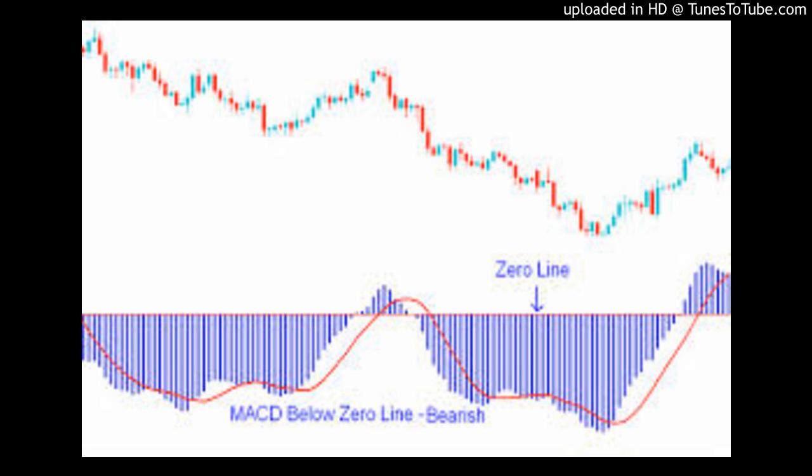A good rule of thumb you might want to work with is that if 2 of the other 3, or 3 of the other 4, however many you're working with, are lining up the same way as the MACD crossover at that C point, you have a pretty strong confluence, and you have further confirmation as to which way the market's going to go next.